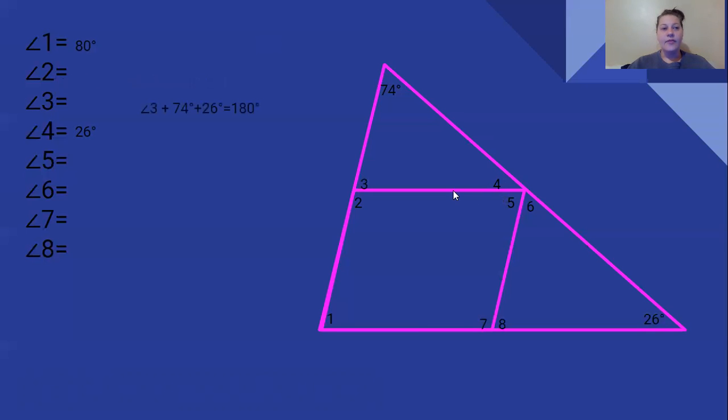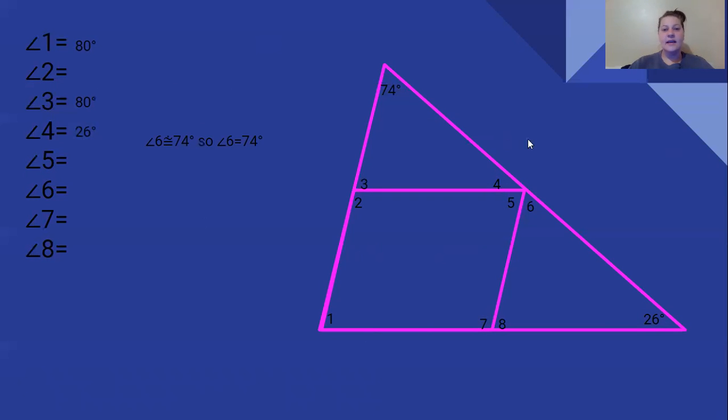Now, we're going to move on to angle 3, and we're going to do this one the same way we did the big triangle. We're going to do 180 minus 74 and 26. So angle 3 is 80 degrees as well, which makes 1 and 3 also congruent. They're congruent angles. Now we're going to move on to angle 6.